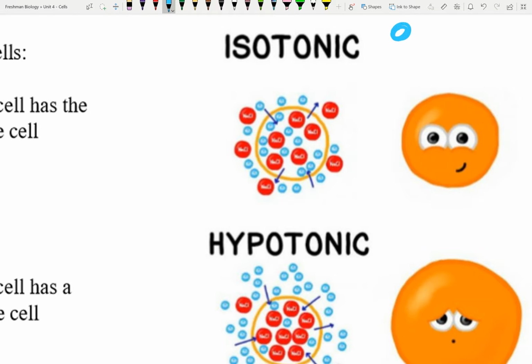The blue represents water molecules, and the red represents solute, which is just anything dissolved in the water. That could be salt, sugars, ions, anything dissolved in the water. The yellowish orange color represents the cell membrane.